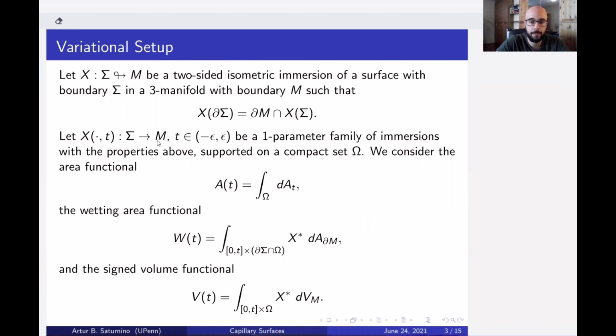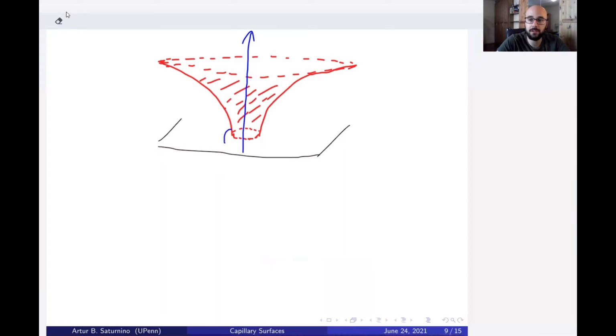These other examples are non-compact. So the first one is a catenoid cut by a plane perpendicular to the axis of rotation. So you can see this is a capillary surface, and the contact angle is arbitrary because we can change the heights where we cut, and this is going to change the angle.